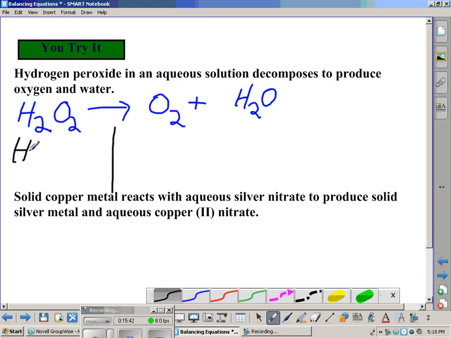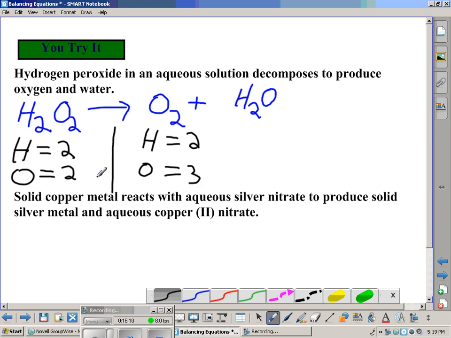And then we draw our line to balance this. Hydrogen, oxygen on this side, and hydrogen, oxygen on the other side. We've got 2 of each on this side. We've got 2 hydrogen over here, and we have 3 oxygen on this side.